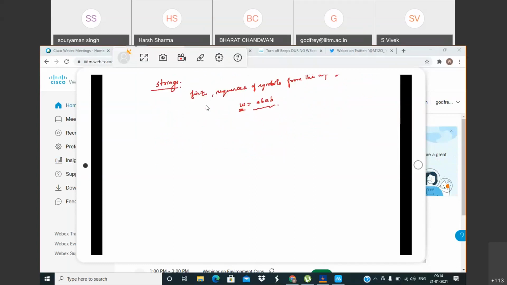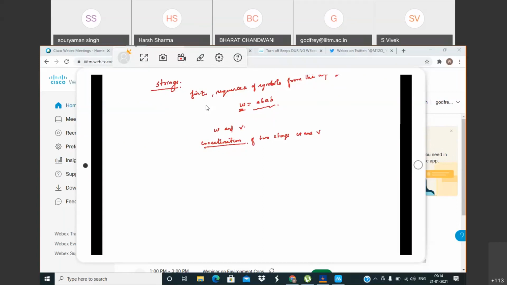Now if you have two strings W and V, then you can perform concatenation of these two strings, which is obtained by appending these two strings.